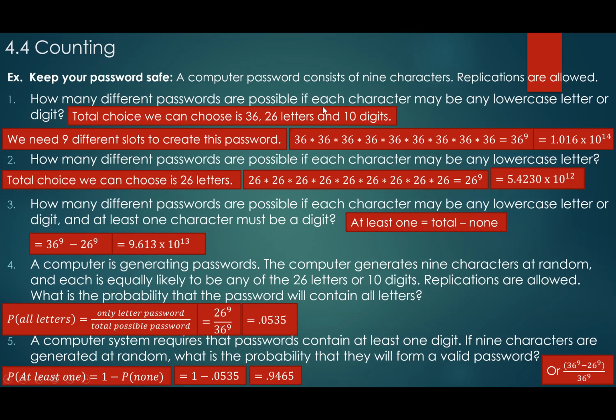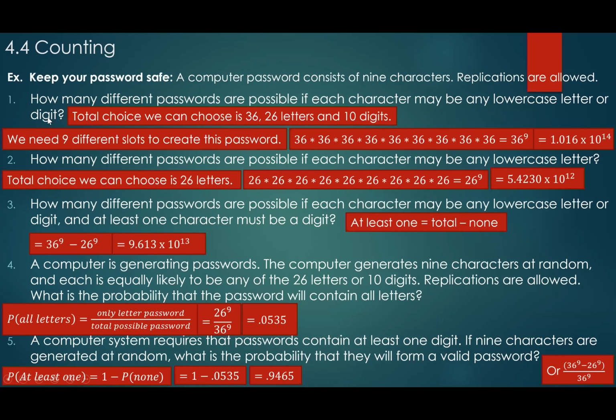So for instance, in this question, instead of any lowercase letter, they can say there are 15 emoji that you can use for your password, and any digit. Then instead of the 26, now we have 15.